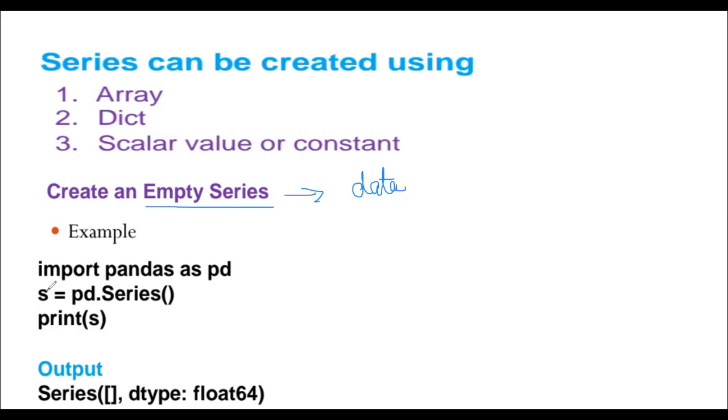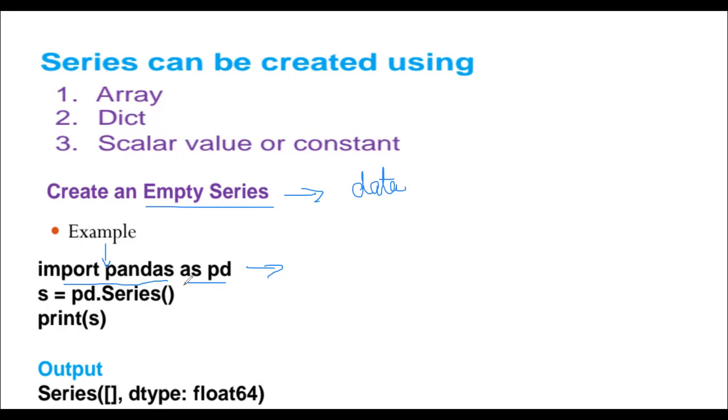The first line will be import pandas as pd. Here one thing I want to insist on: why we are using this import pandas as pd. In the Python library introduction we have studied that this pandas library has so many methods that we want to use in our program. So whenever we want to use that, we need this library. So we are importing, and just import pandas is enough.